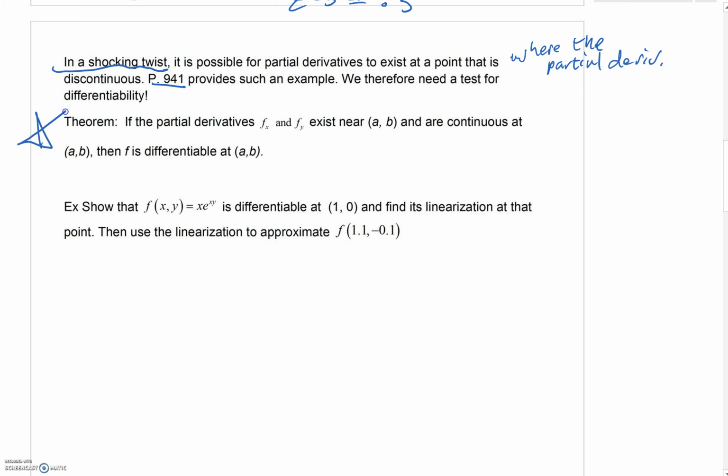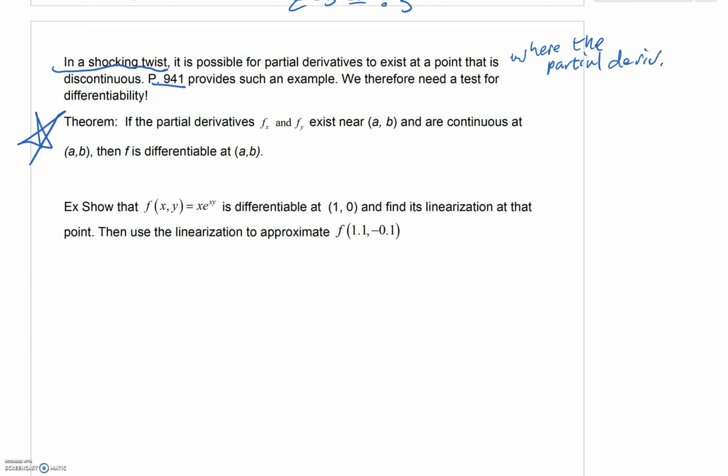Very importantly, when you take your partial derivatives, if you know that those partial derivatives are continuous at that point, then your function is said to be differentiable. The question about whether a function is differentiable, that is, whether you can take a derivative or not, is super important.